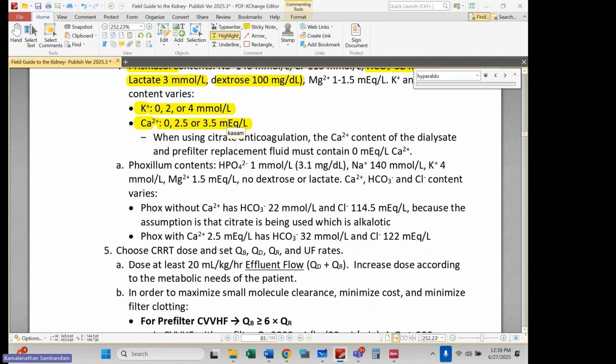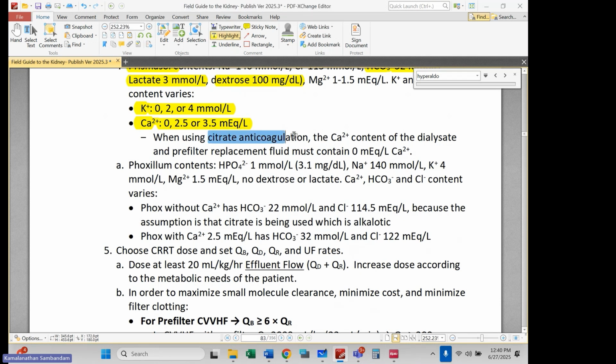If you need to know the molecular weight of calcium, which is 40, to convert that to milligrams per deciliter, that would be a free calcium, ionized calcium of 5. Okay, so 2.5 milliequivalents is equal to an ionized calcium of 5. That is normal. 3.5 milliequivalents is a high calcium dialysate. Okay, obviously 0 is low.